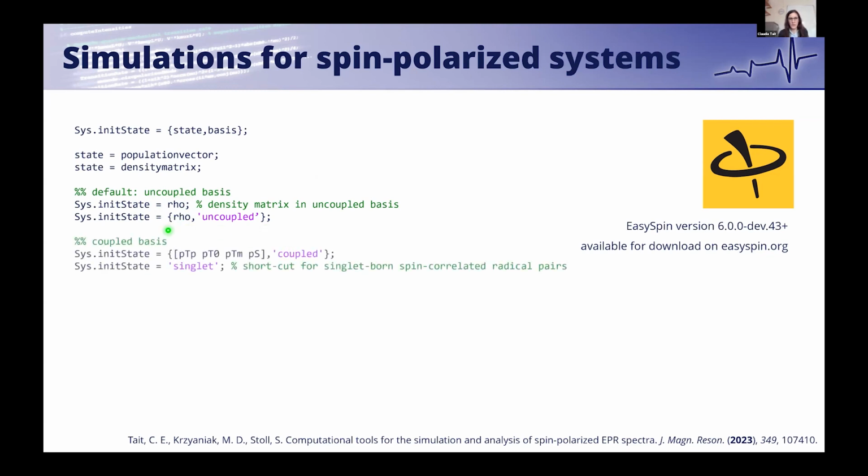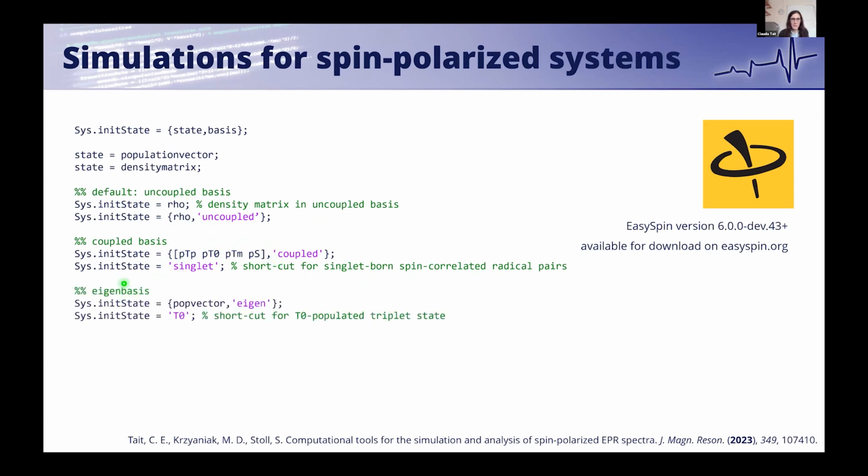The other option is to use the coupled basis. Again, in the case of two coupled spin-1/2, that will be T plus, T0, T minus, and singlet. Here you can again define a population vector. And for spin-correlated radical pairs that are generated from a singlet precursor, we also have the shortcut singlet.